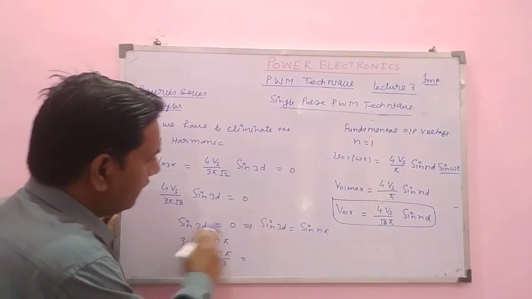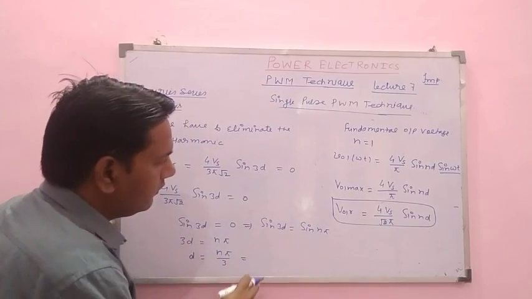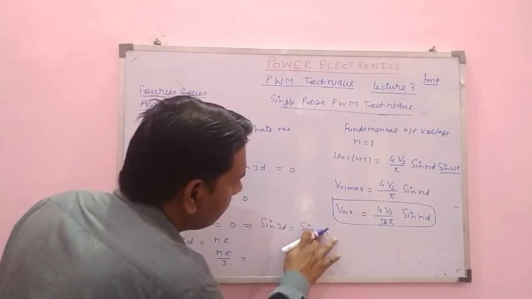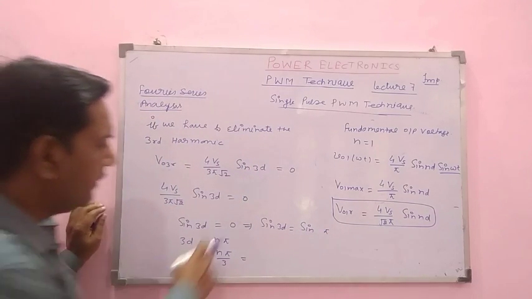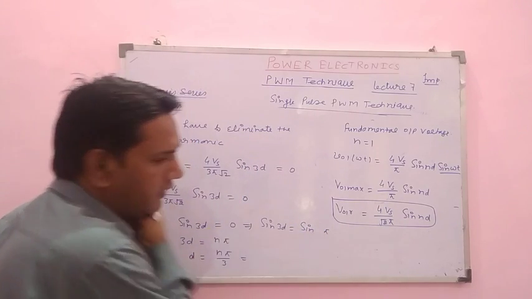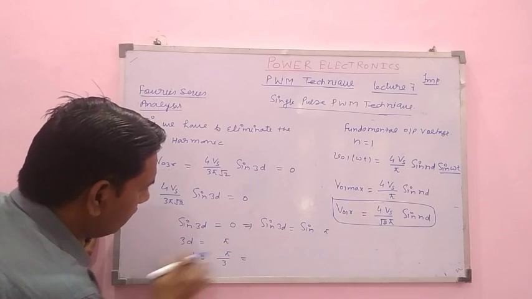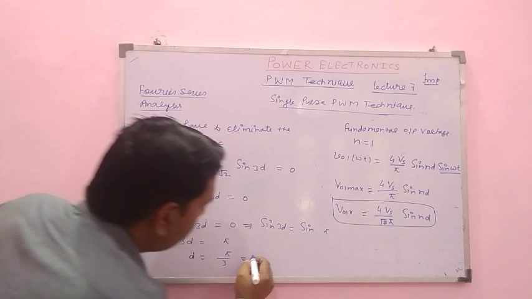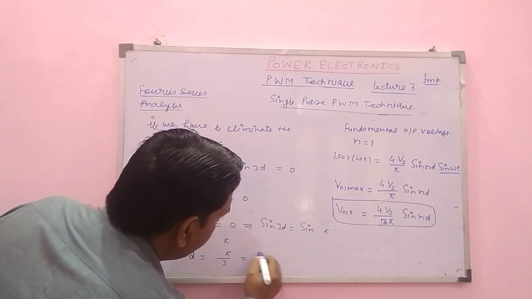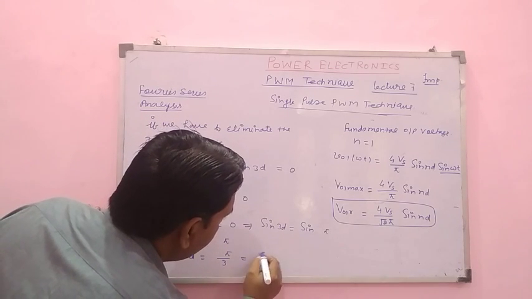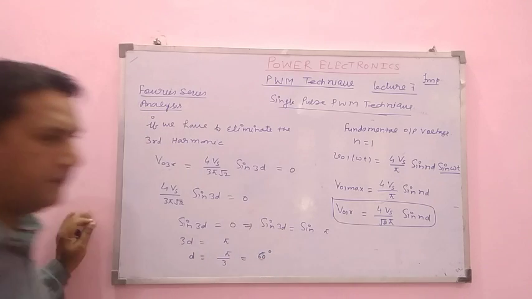So sin 3d is equal to 0. We can write 0 as sin pi because sin 180 degree is 0. So 3d is equal to pi, so d is equal to pi upon 3, which means it will be 60 degree.